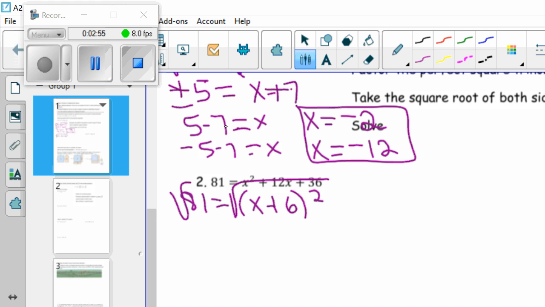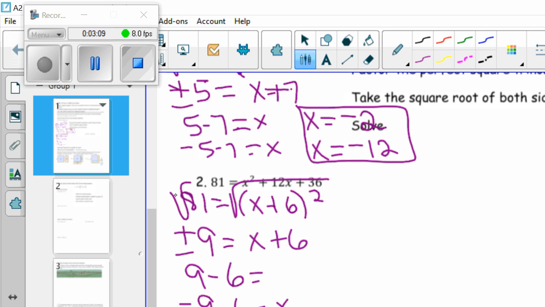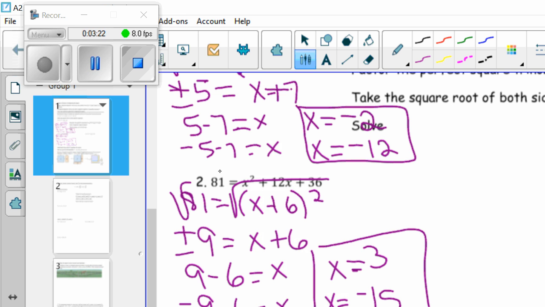Square root of both sides: the square root of 81, positive and negative 9, equals x plus 6. Subtract 6 from both sides, so I have 9 minus 6 and negative 9 minus 6 as my two x values. Here 9 minus 6, x is equal to 3. Negative 9 minus 6, x is equal to negative 15. So my two answers are positive 3 and negative 15.